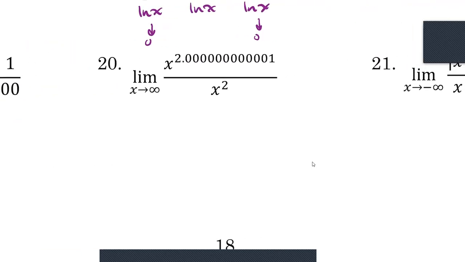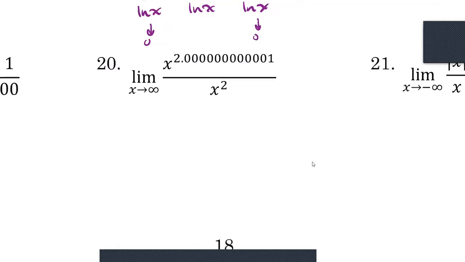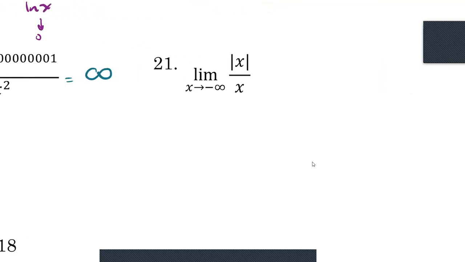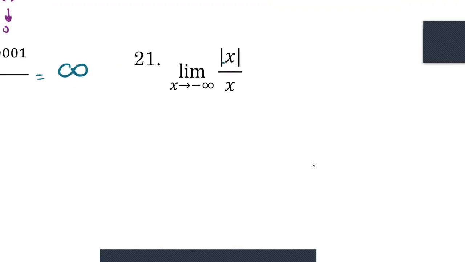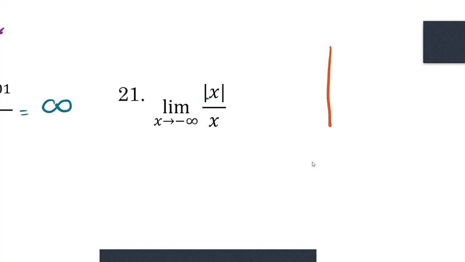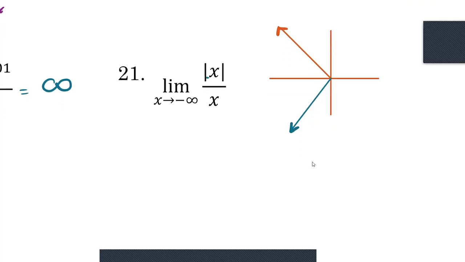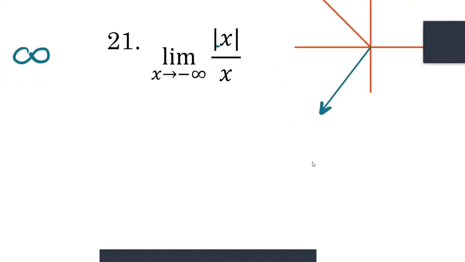In question 20, the degree of the top is bigger than the degree of the bottom. So this thing is going to go off towards infinity. And then here, if we go off towards negative infinity, well, the absolute value of x, we know looks like this. It's shooting off towards positive infinity. x is shooting off towards negative infinity. You may or may not know that the absolute value is actually a piecewise function.